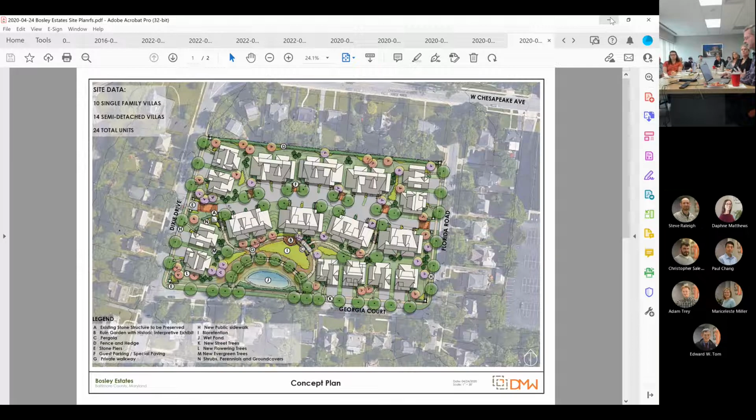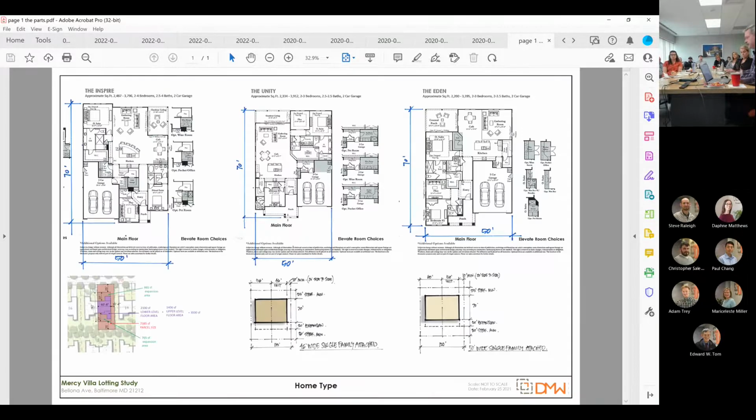Villas was practically single family units, and there was some interesting, again, this process we go through, understanding the footprints. These were some homes that they wanted us to consider trying to make work.